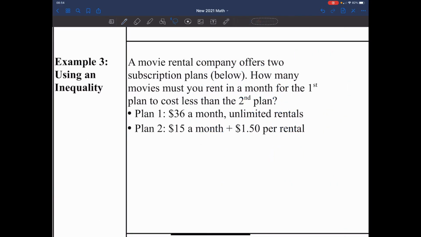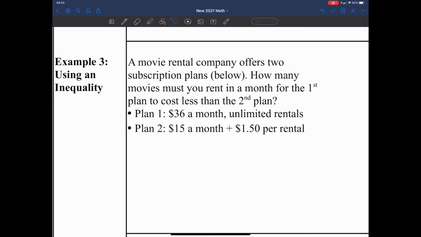How to use inequalities. This is just like a normal word problem or systems of equations. So suppose I have a movie rental company that offers 2 subscription plans. How many movies must you rent in a month for the first plan to cost less than the second plan? Plan 1 is $36 a month with unlimited rentals, and Plan 2 is $15 a month plus $1.50 per rental.